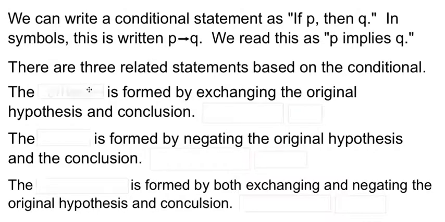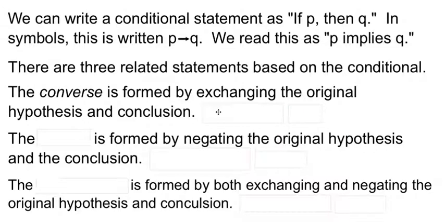The first related statement is called the converse. Now, we're not talking about the basketball shoe. The converse of a statement is formed by exchanging the original hypothesis and conclusion.